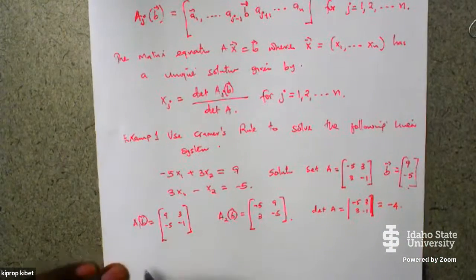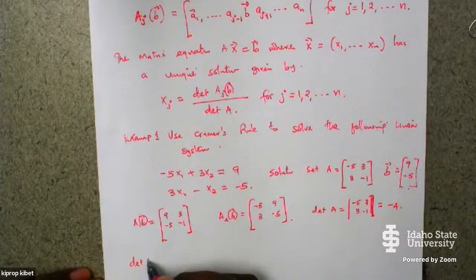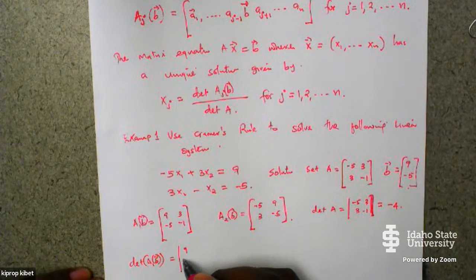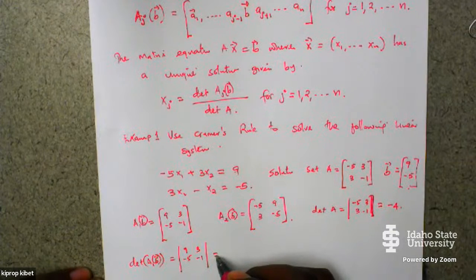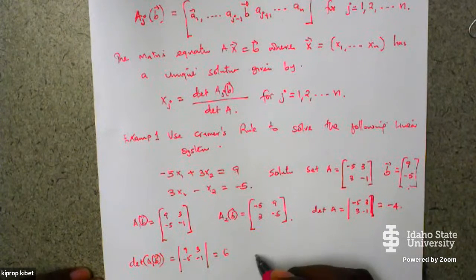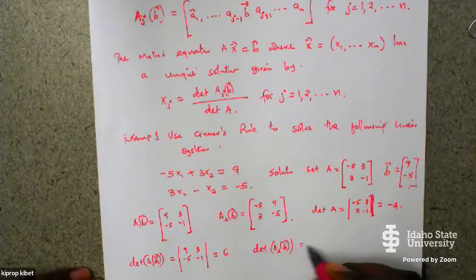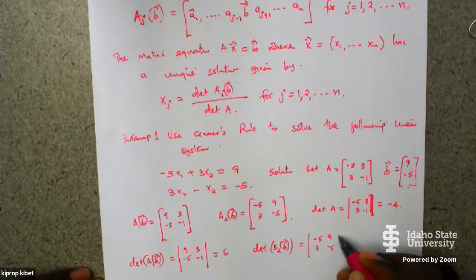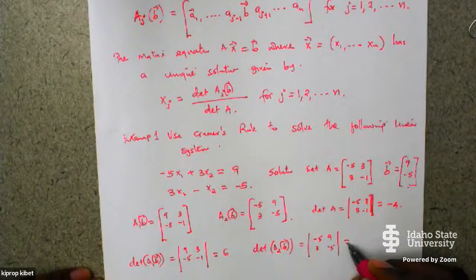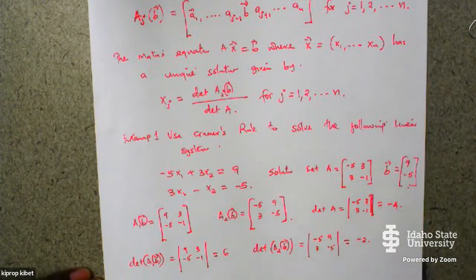Now, determinant of A1(B), with 9, minus 5, 3 and minus 1, is equal to 6. And determinant of A2(B), with minus 5, 3, 9 and minus 5, is equal to minus 2.